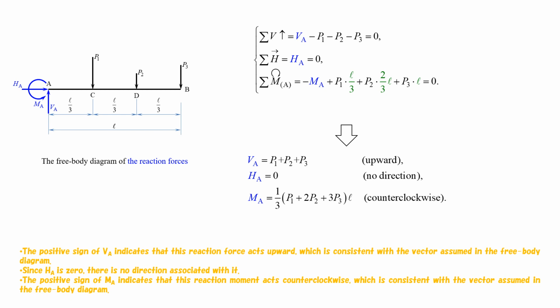The positive sign of VA indicates that this reaction force acts upward, which is consistent with the vector assumed in the free body diagram. Since HA is 0, there is no direction associated with it. The positive sign of MA indicates that this reaction moment acts counterclockwise, which is consistent with the vector assumed in the free body diagram.